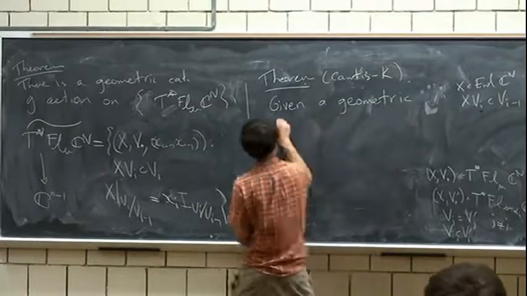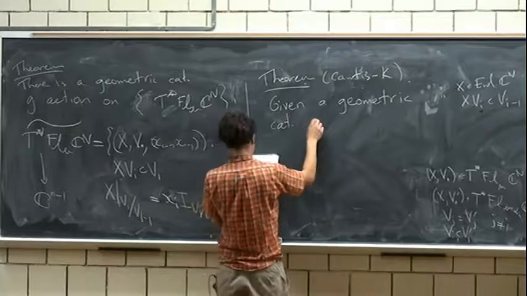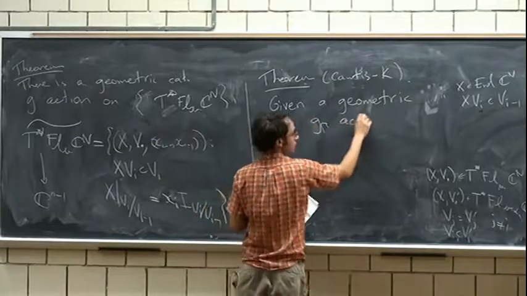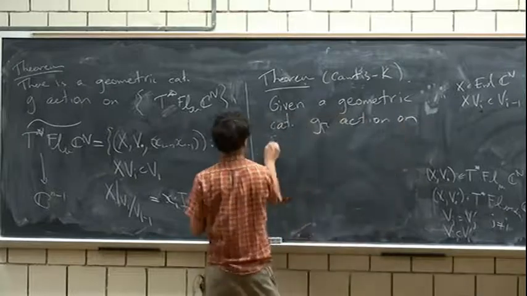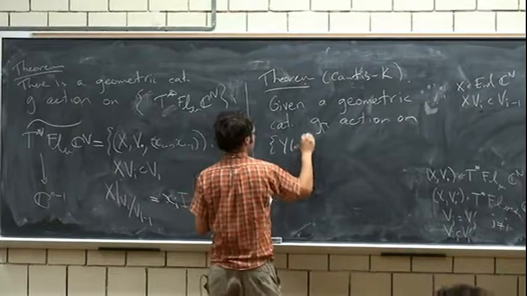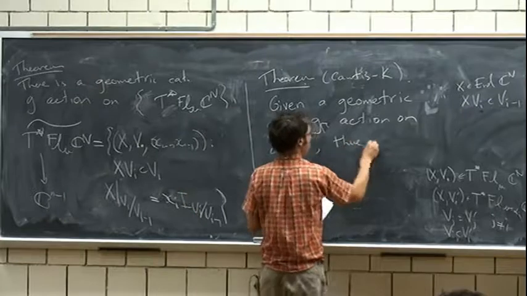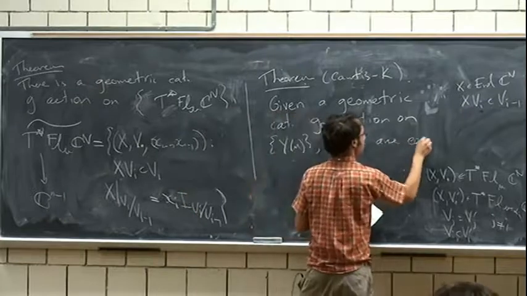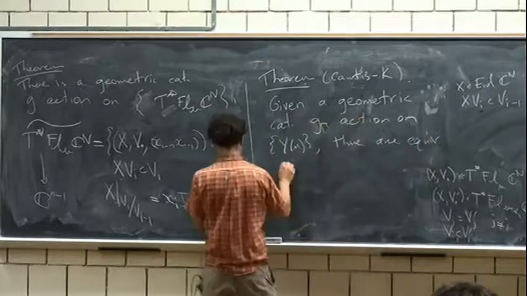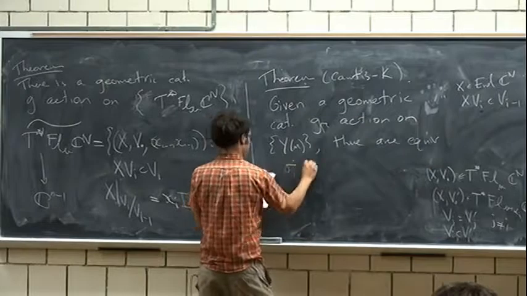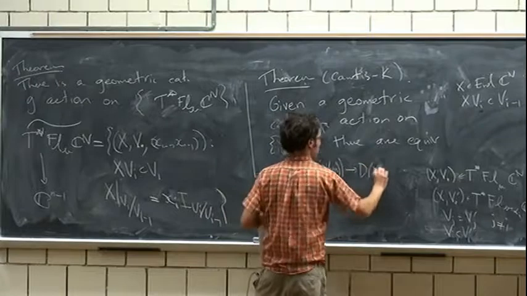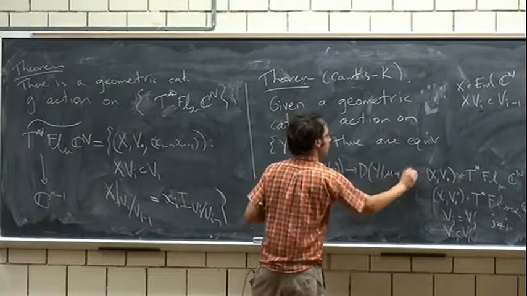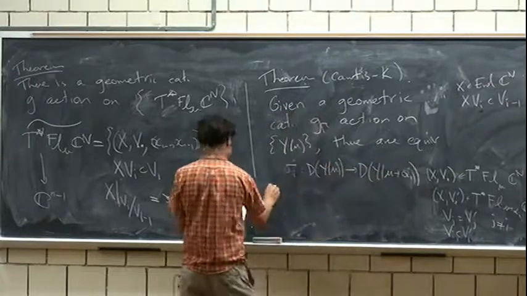Given a geometric categorical G-gamma action, we get functors sigma_i from D(Y(mu)) to D(Y(mu + alpha_i)), satisfying braid relations.